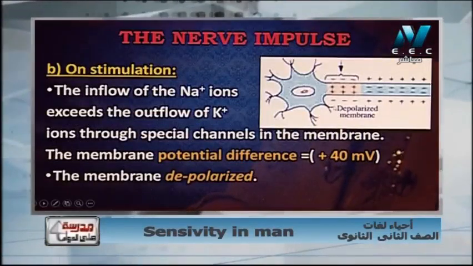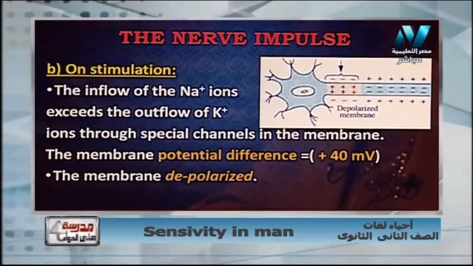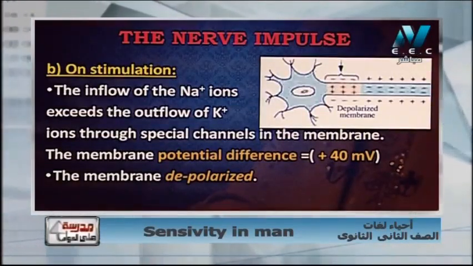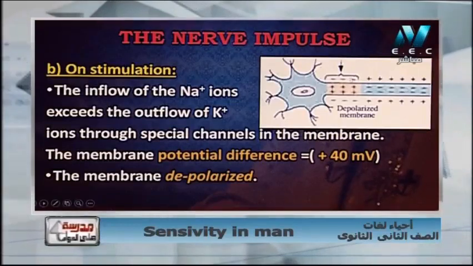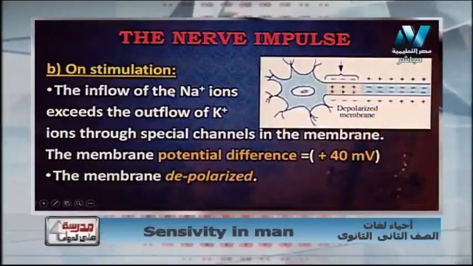On stimulation, if the membrane is stimulated at a certain point, the arrangement of the molecules of the plasma membrane is disturbed. This results in a disturbance in permeability, so the membrane becomes fully permeable. It is permeable to sodium, which was kept outside.